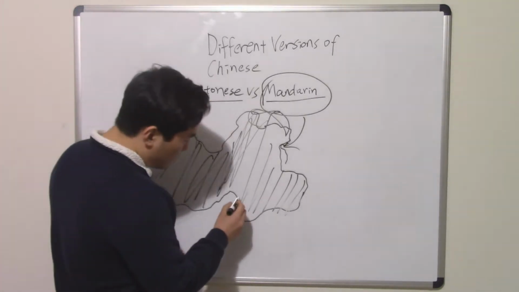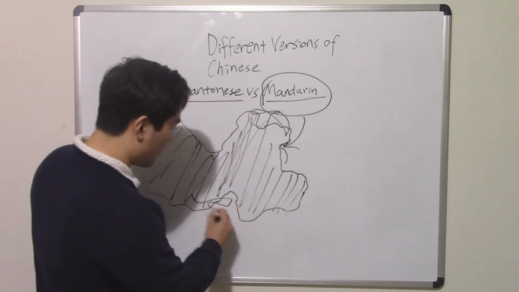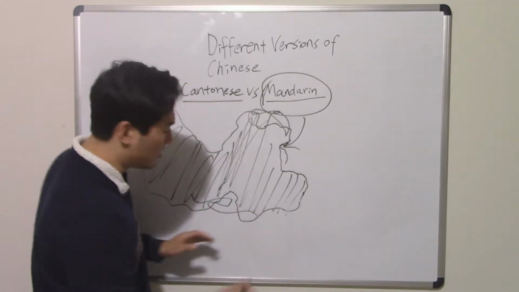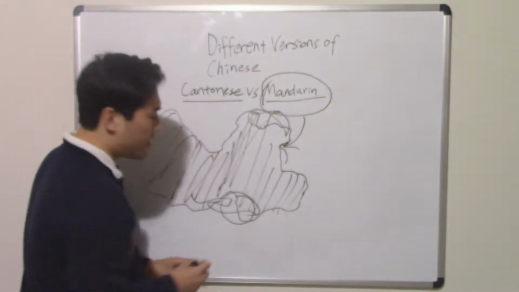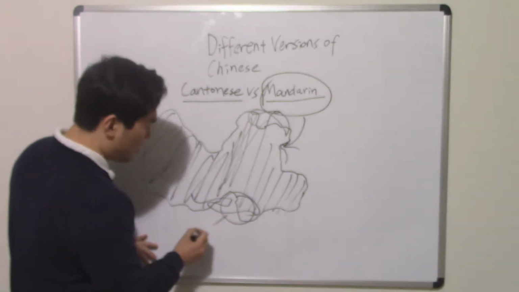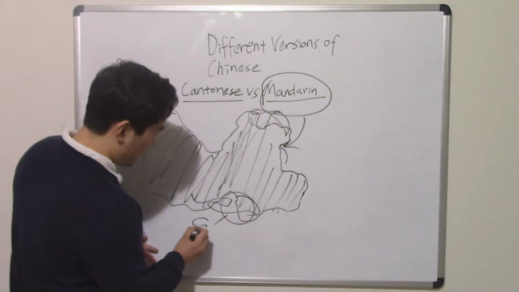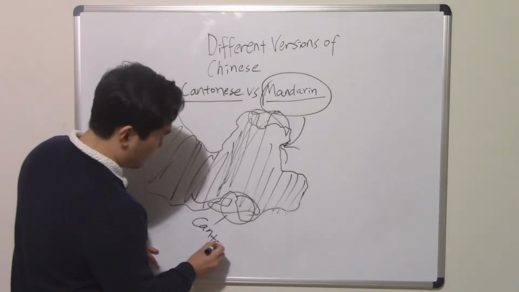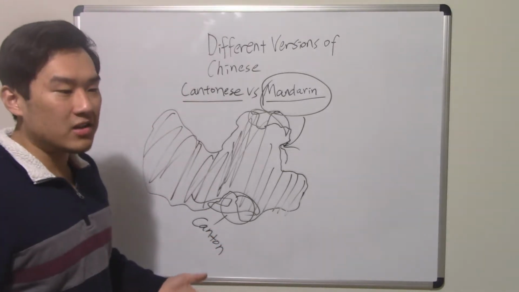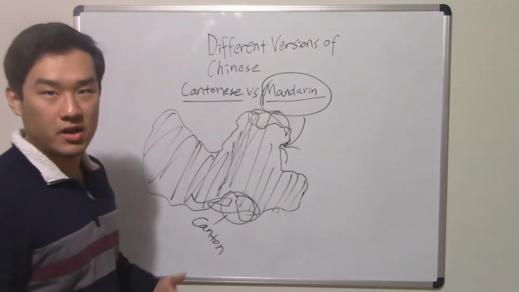Cantonese is basically from this state. I don't know exactly where that is, but it should be in southern China. Somewhere in here there's a state called Canton, C-A-N-T-O-N, or nowadays known as Guangdong or Guangxi.